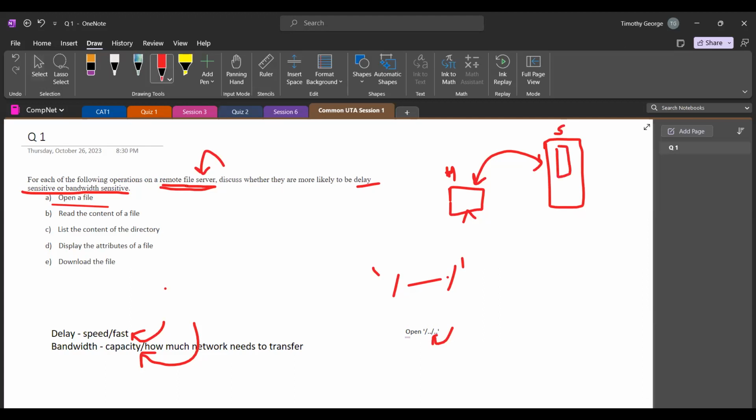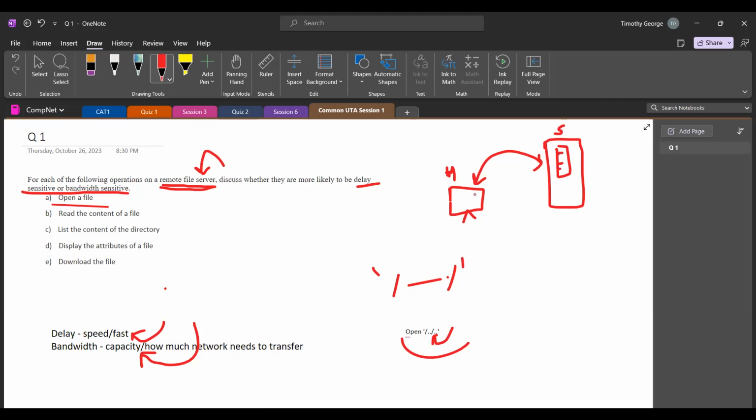Now, one question you need to ask yourself is, if you're opening, are files being transferred? Is there capacity being transferred from the server to the host? And the answer is actually no, because when you open a file, all you're doing is sending a command. That command needs to travel to the server, and the file is opened there.